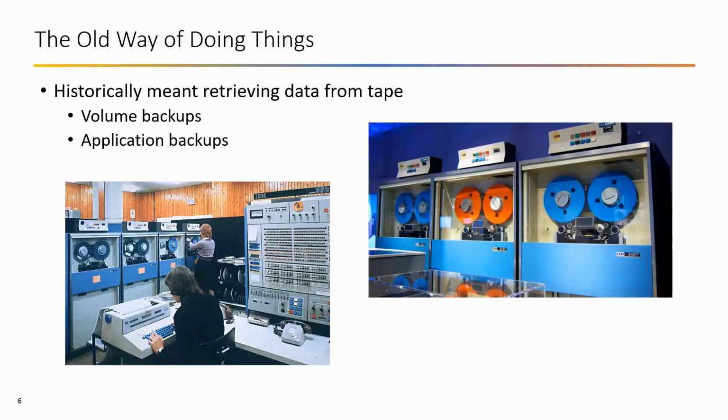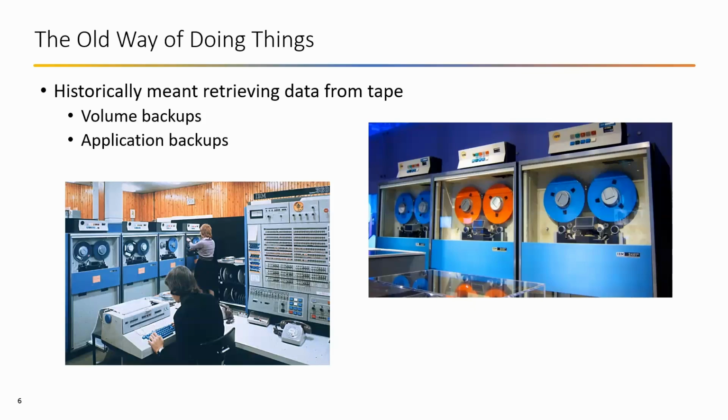So let's go back in time. Some of you may have long memories, and some of you may be newer to the industry and are looking at this and saying, "What the heck is that?" Yes, those are tape drives, and we're going back to the 60s, the 70s, and even into the 80s. That was the old way of doing things. Volumes were backed up to tape.